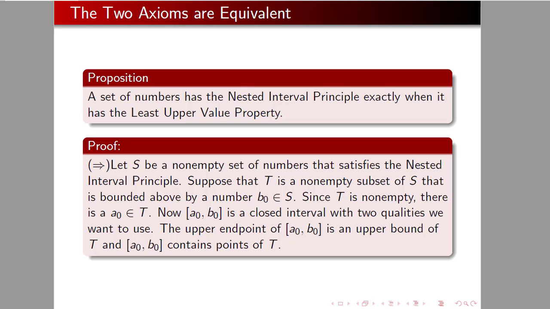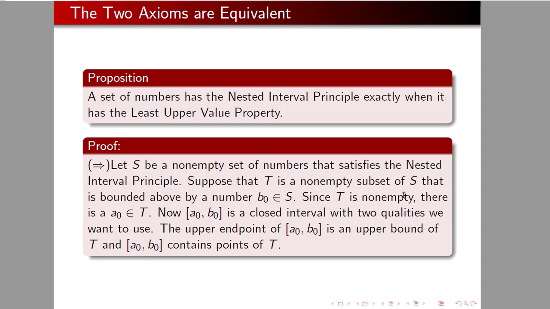Let's start out with the proposition: a set of numbers has the nested interval principle exactly when it has the least upper bound property. We're going to start out assuming that we have a set of numbers that satisfies the nested interval principle, and we're going to then show that it has the least upper bound property. Suppose that T is a non-empty subset of S that is bounded above by the number B0.